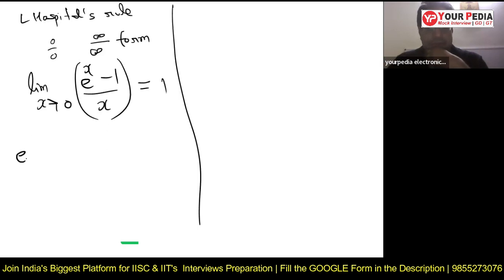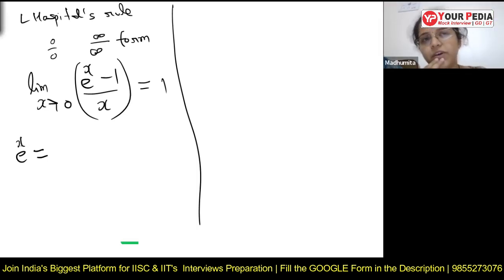Okay. So can you tell me the expansion? There is one expansion also for e to the power x. As far as I remember, I think it's 1 plus x by 1 factorial, that's x itself, plus x square by 2 factorial, plus x cube by 3 factorial, and that's how it goes.